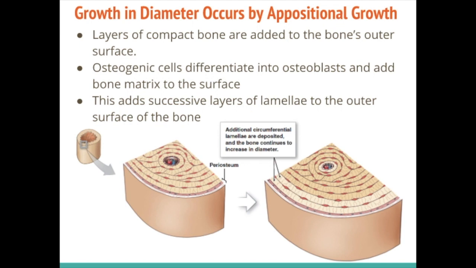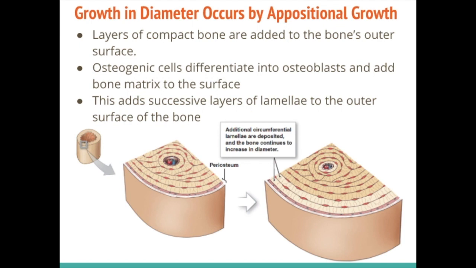They add bone matrix to the surface. This addition of successive layers of circumferential lamellae to the outer surface of the bone results in these rings that we see in the figure.